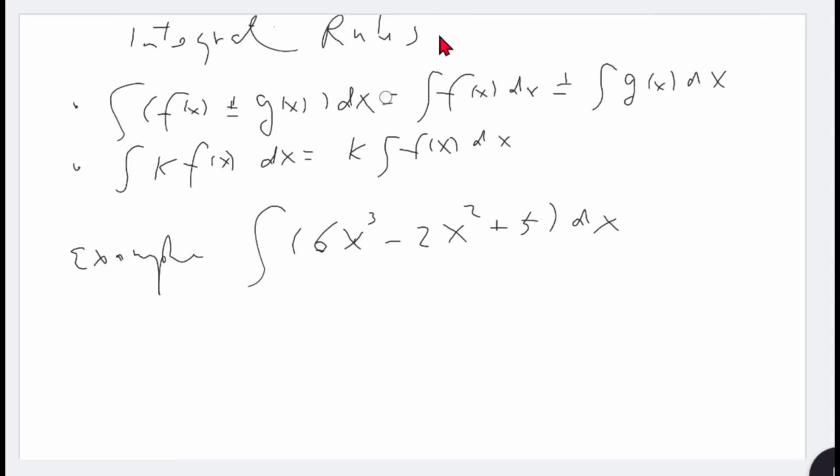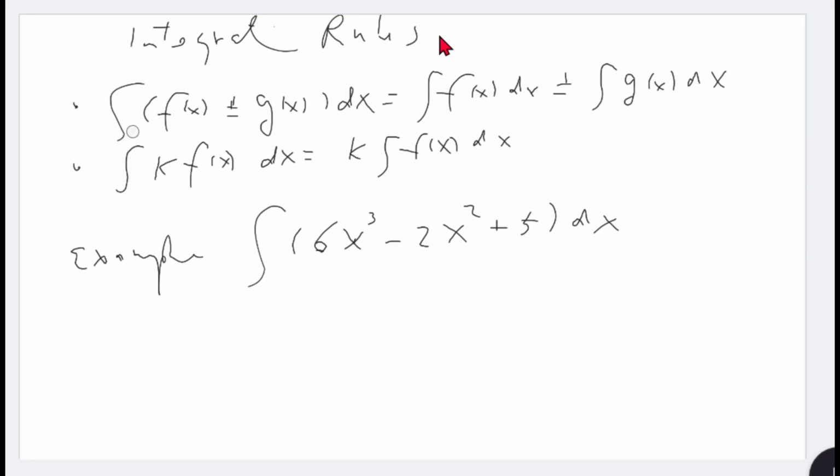First, if there are two functions f and g in a sum or difference, the integral of the whole thing is the same as the integral of each separately with the same plus or minus, right?